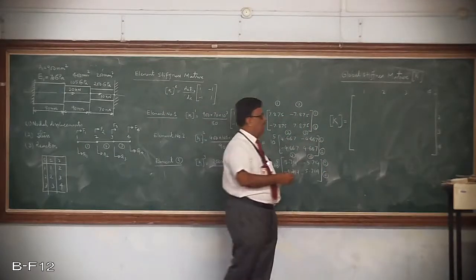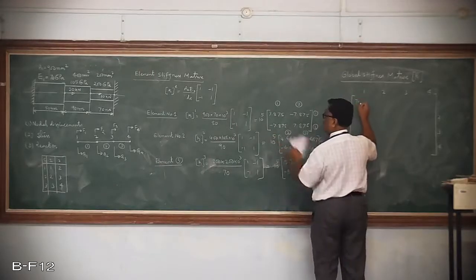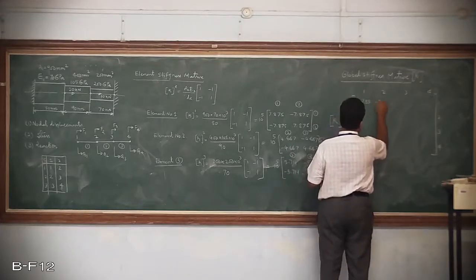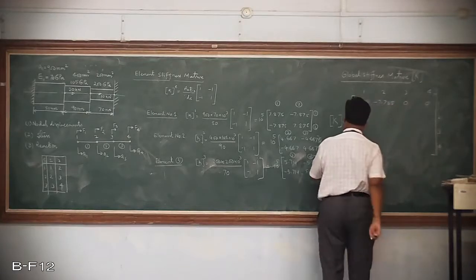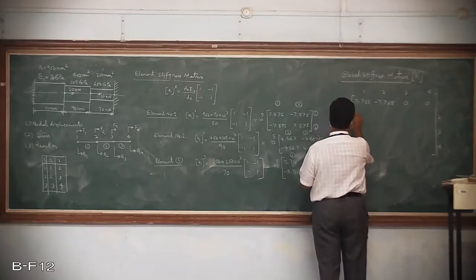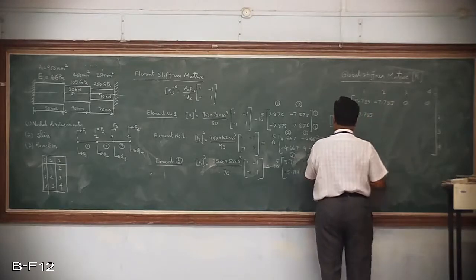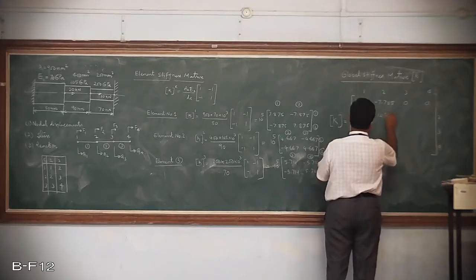So one by one, if you start entering into this, it will become 7.785, minus 7.785. Here it will be 0, 0, minus 7.785. Here there is a summation between node 2 being common. It is going to be 12.542.